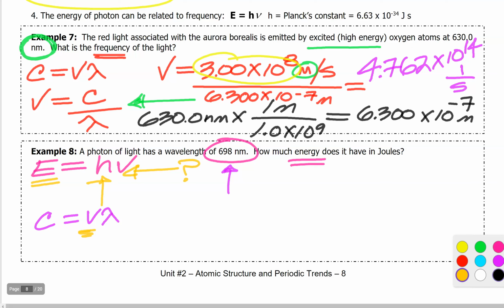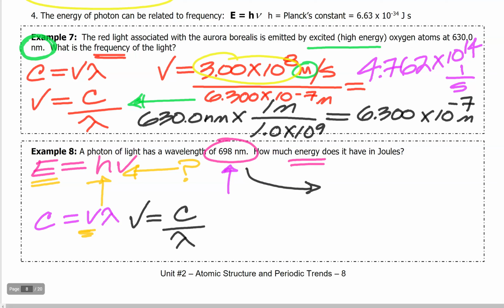Okay, so let's go ahead and plug this in. Obviously, it's basically the same thing that we did above. We're just going to add a piece to it, so we'll rearrange our formula. So our frequency is our speed of light over our wavelength. Again, we don't want to use these nanometers, right?